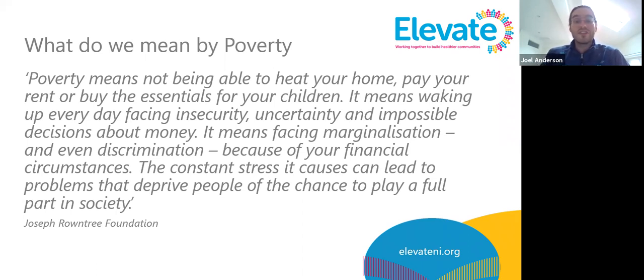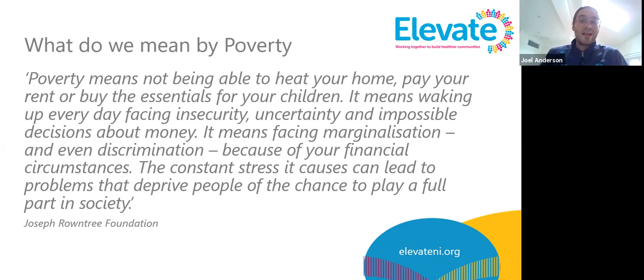It means facing marginalization and even discrimination because of your financial circumstances. The constant stress it causes can lead to problems that deprive people of the chance to play a full part in society. And that last bit of the definition, depriving people of the chance to play a full part in society, is really what we think of poverty and the consequences of poverty being.